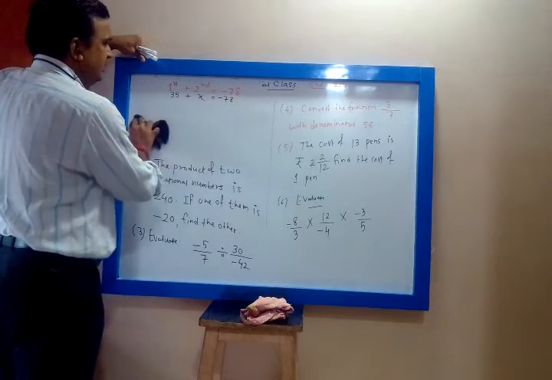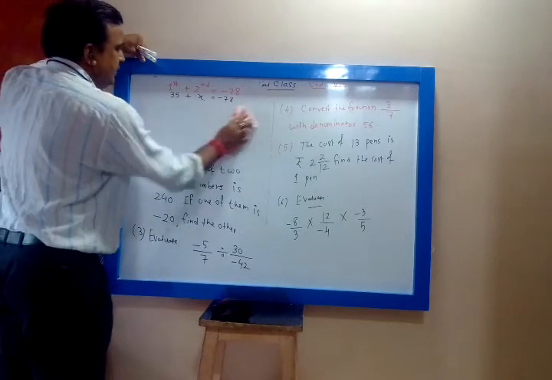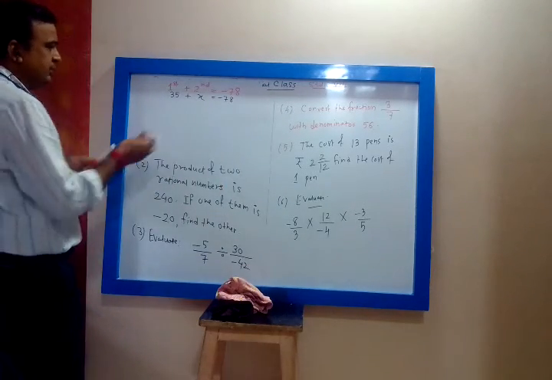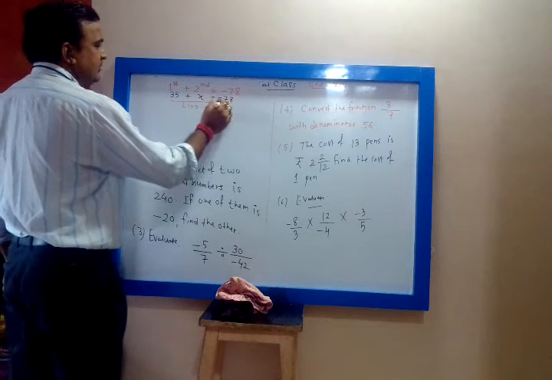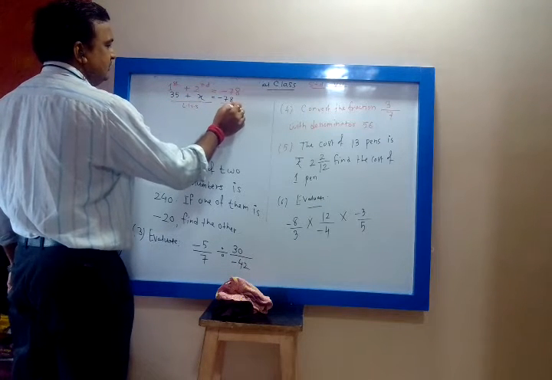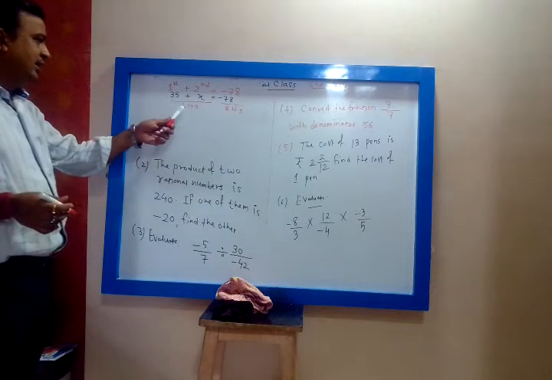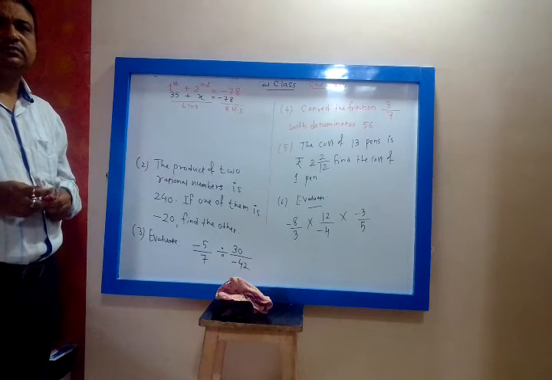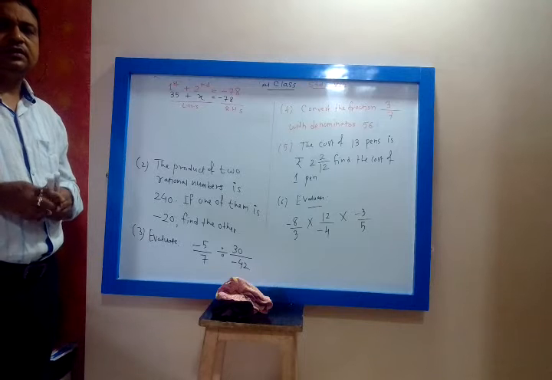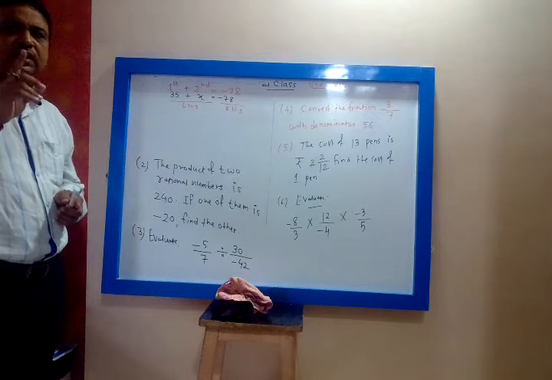Before equal to, it is my left hand side. And after equal to, it is my right hand side. In left hand side, 35 is having which sign? No sign means plus sign.